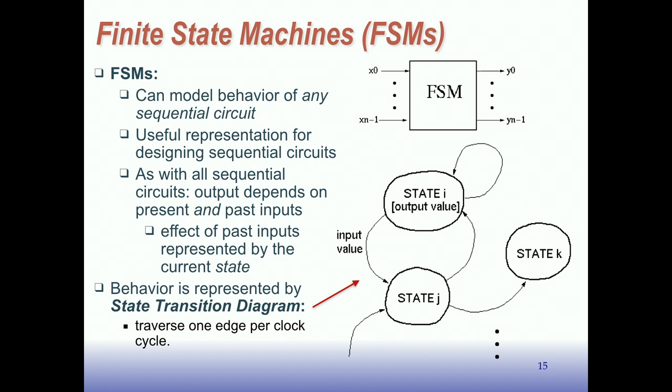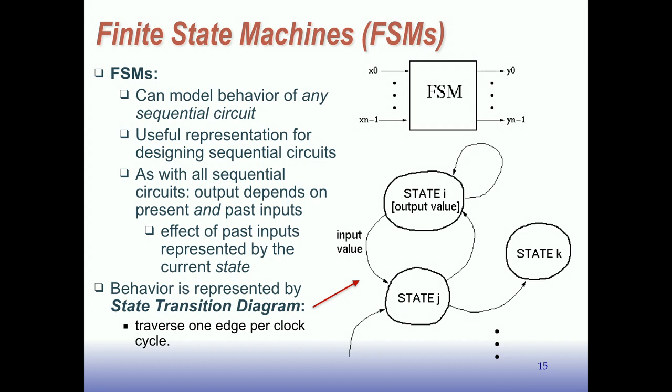But we do use finite state machines as a representation for doing designs. If we are trying to design a circuit, and we can express it as a finite state machine, then there's an easy way to turn that into a circuit, either using Verilog or using hand methods, and I'm going to show you both of those. So that's why we study it.